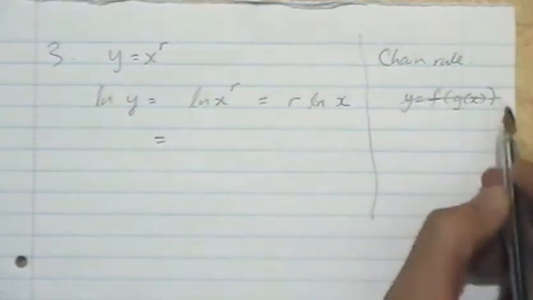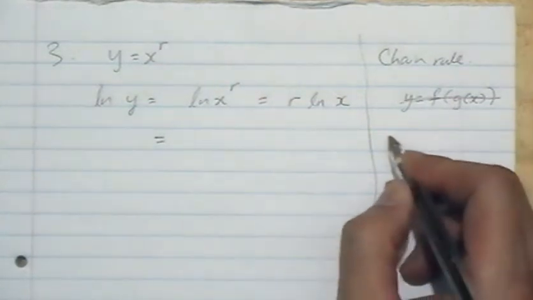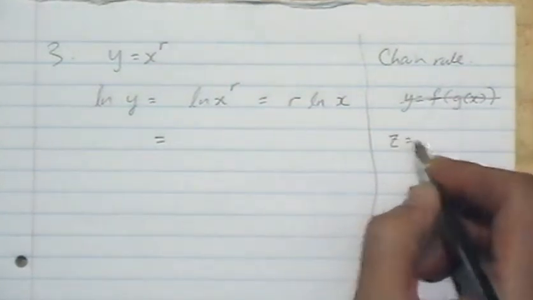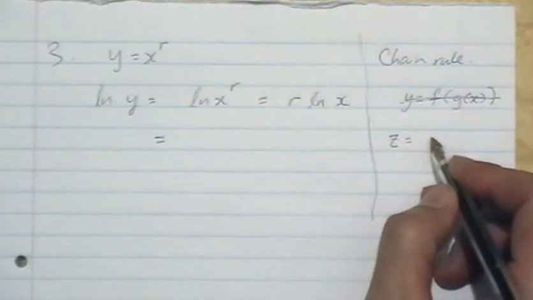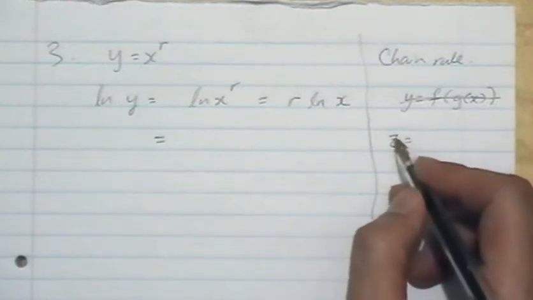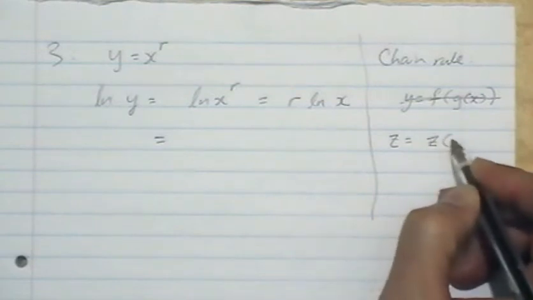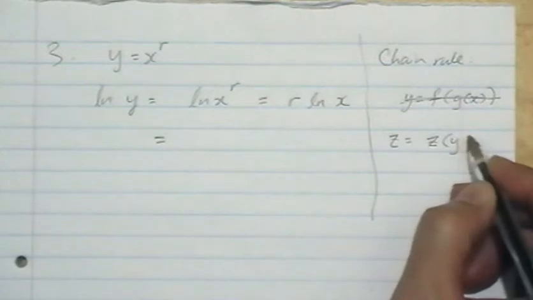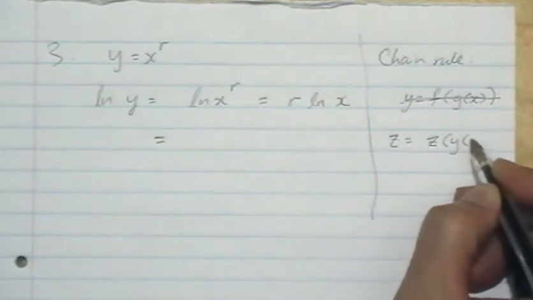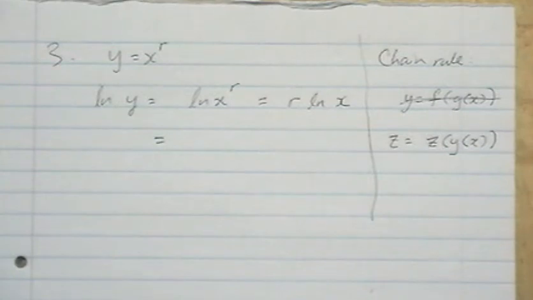It might get a bit confusing. Let me say that z is a function of y, and y is in turn a function of x. Let me write it this way.